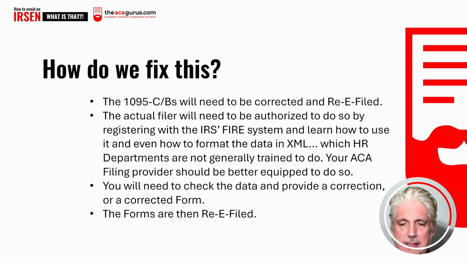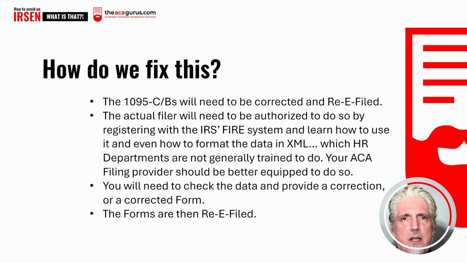Then you'll need to check the data and provide a correction or corrected form. Now, when we say corrected form, it's a corrected data stream, right, that represents the forms. So again, you need to do it as such. And when you submit a corrected form, there'll be a little box, or digital box, or data stream box, that says corrected. We really don't know if it's important or not.